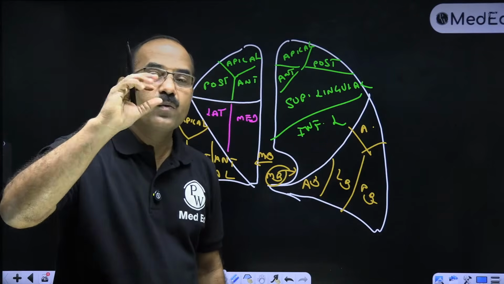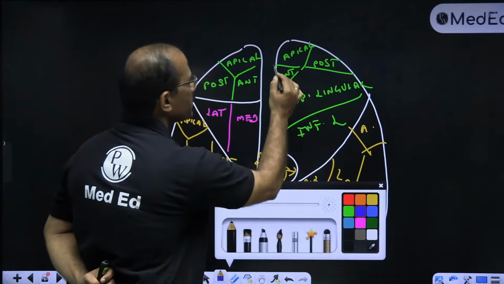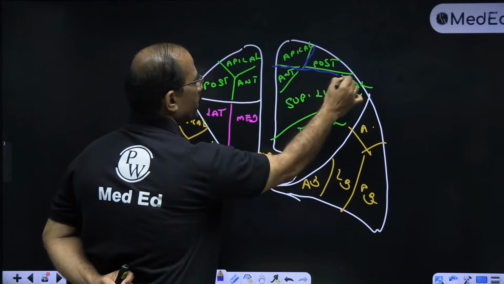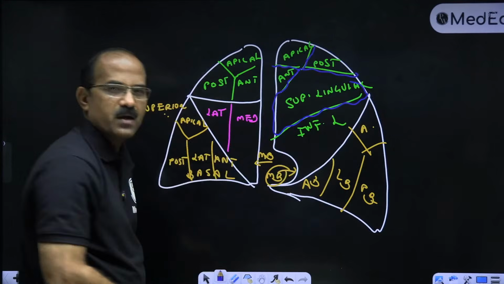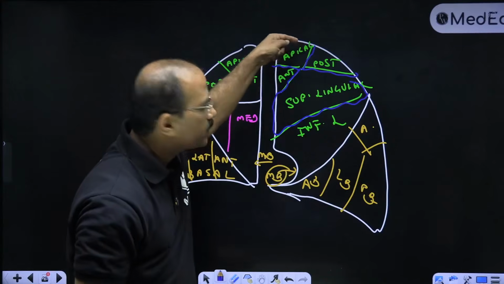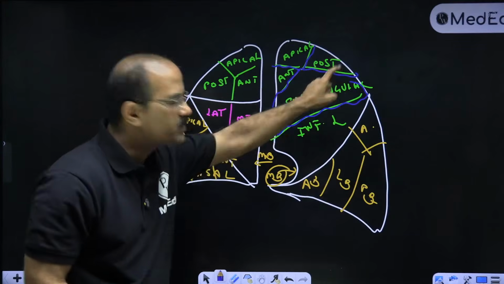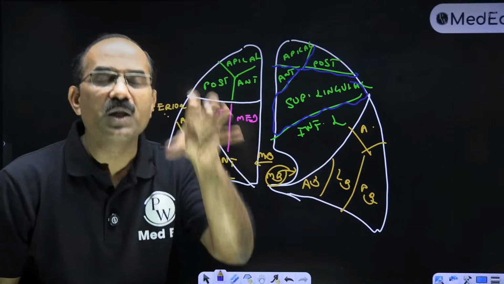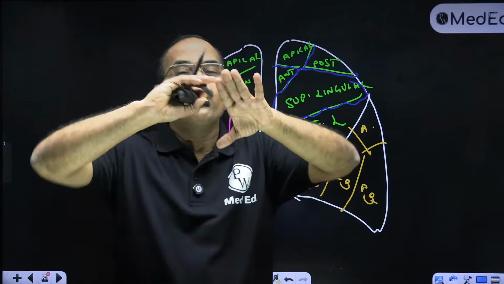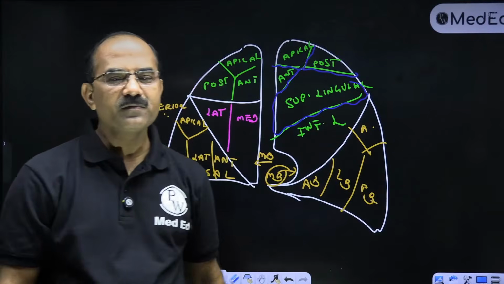So now when we are removing a segment, there's something which runs between the segments. You tell me, what is this structure which runs between the segments? Who is this structure? If you trace this structure, you are able to define one segment, second segment, third segment, fourth segment. So what is that structure which divides the bronchopulmonary segments? Anyone?